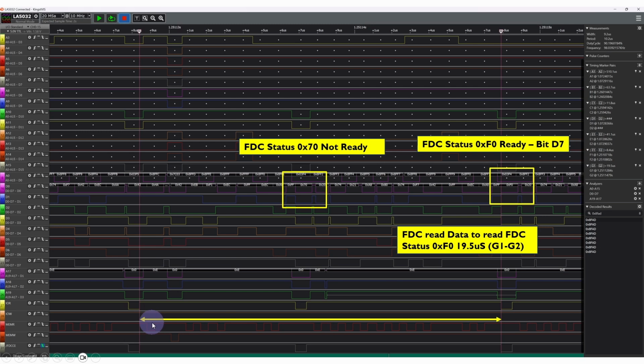And in fact, if we look at the time here, from the time that we've read the last bit of data, checked the status first time where it's not ready, then it is ready, by the time we actually get to read the data, it's going to be quite a lot further on than 19 microseconds. So it was running too slow, and so basically we could actually miss data.